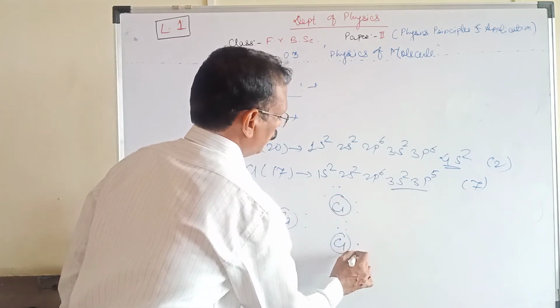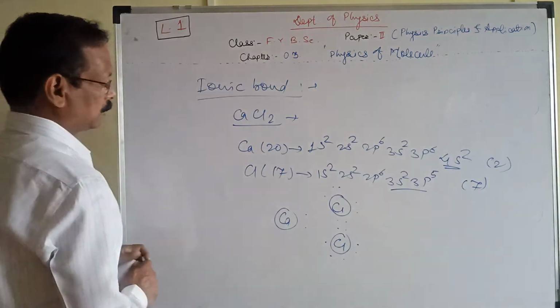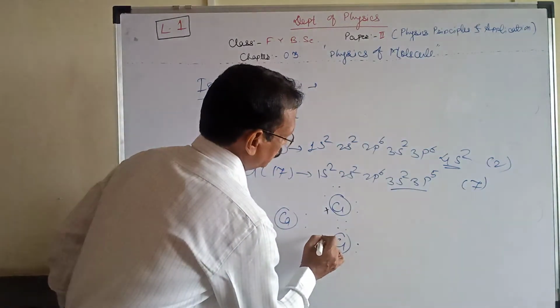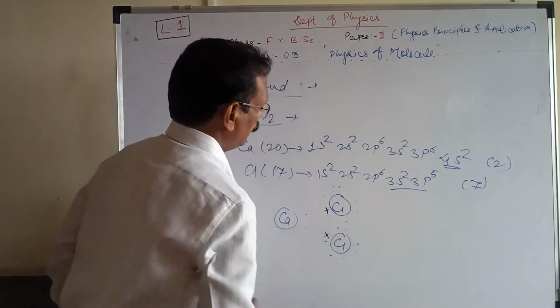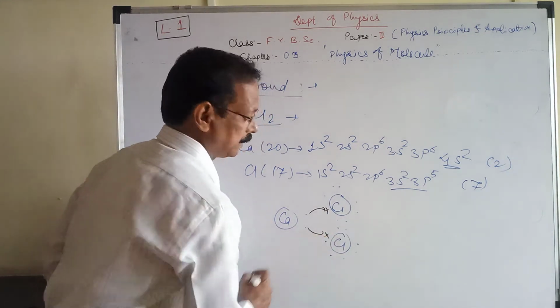Using another chalk, this is the vacancy, and this is the vacancy here. So one electron goes to this Cl and one electron goes to the other Cl.